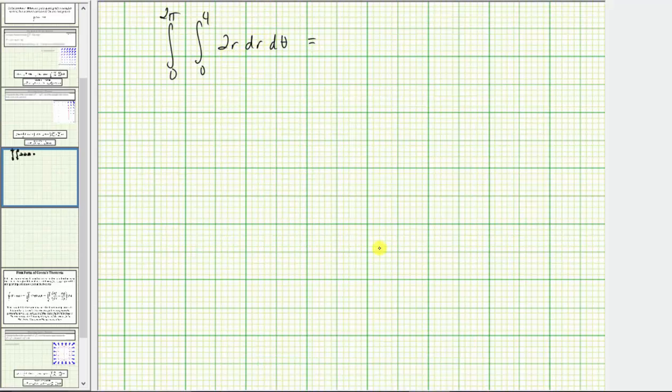We first integrate with respect to r, which would be 2 times r squared divided by 2, which simplifies nicely to r squared. And now we need to find big F of b minus big F of a, which is 4 squared minus 0 squared, which is 16.